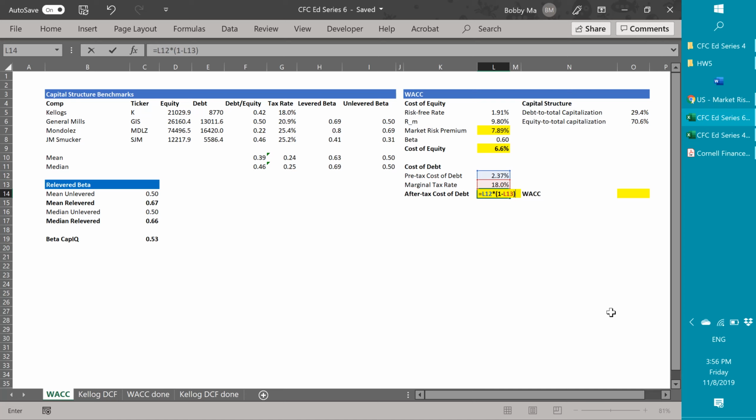So since the tax rate is 18%, only 82% of what they pay in interest is actually a cost to the company, and they save 18% through taxes. So the cost of debt is only 82% of the 2.37%, and that gets you to 1.9%. So 1.9% is 82% of 2.37.